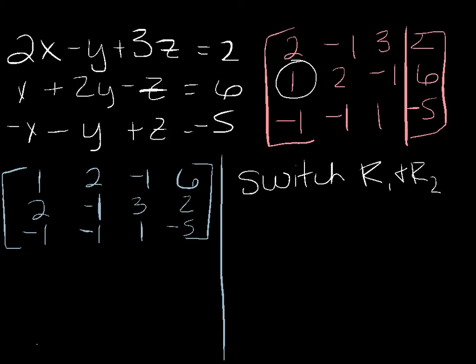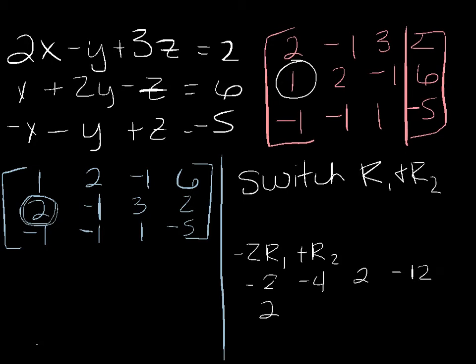Next, I want to start eliminating everything underneath that 1. So I want to start working on eliminating this 2. I want to make that a 0. In order to do that, I'm going to multiply my row 1 times a negative 2, and then add that to row 2. A negative 2 times row 1 will be negative 2, negative 4, 2, and negative 12.